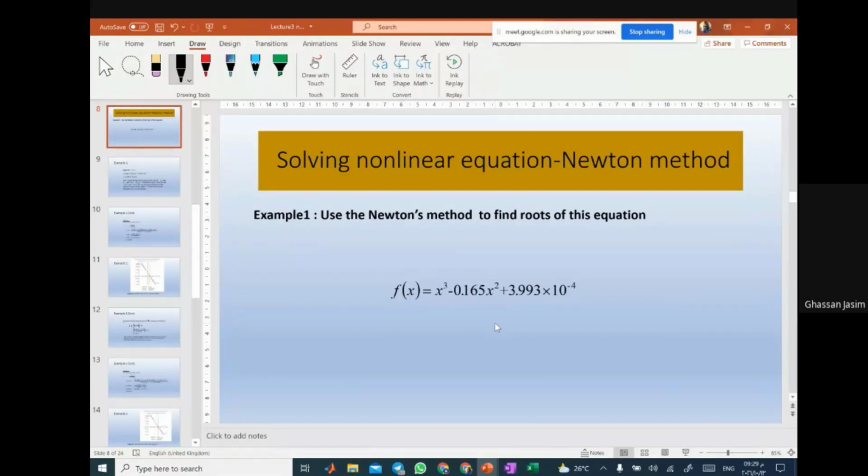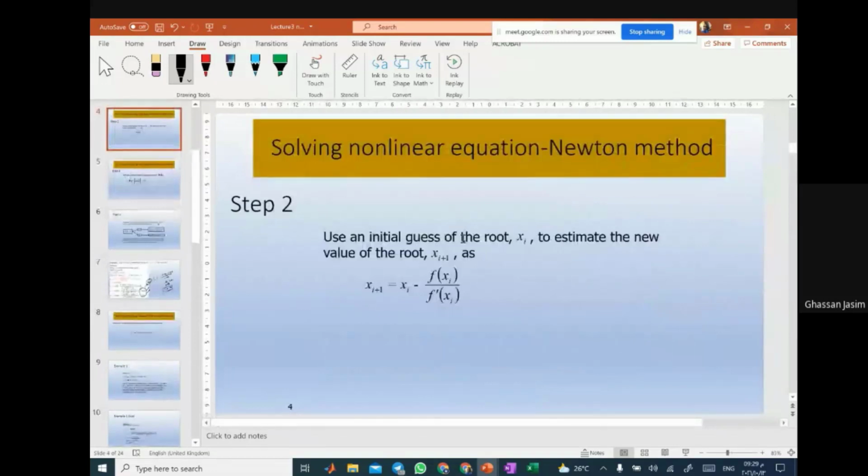Next week, inshallah, at university, in your class, in the first 30 minutes we will make an exam, just for 30 minutes, on two subjects: the bisection method and Newton.